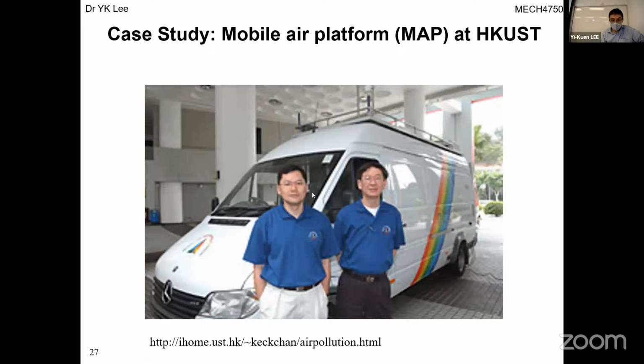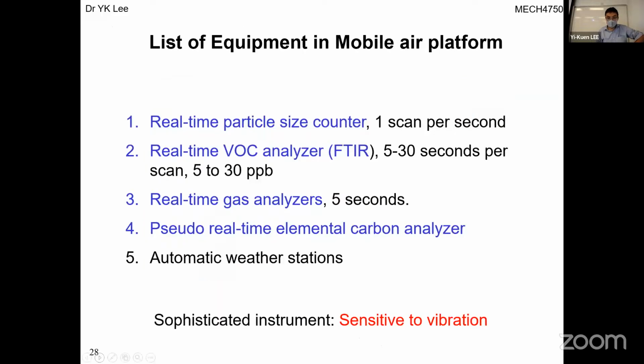Basically, this is a mobile air platform to measure air pollution in the Hong Kong region. So they have a series of sensitive equipment, for example, in this car, a real-time particle size counter, VOC analyzer, real-time gas analyzer, and so on. And these are sensitive to vibration.